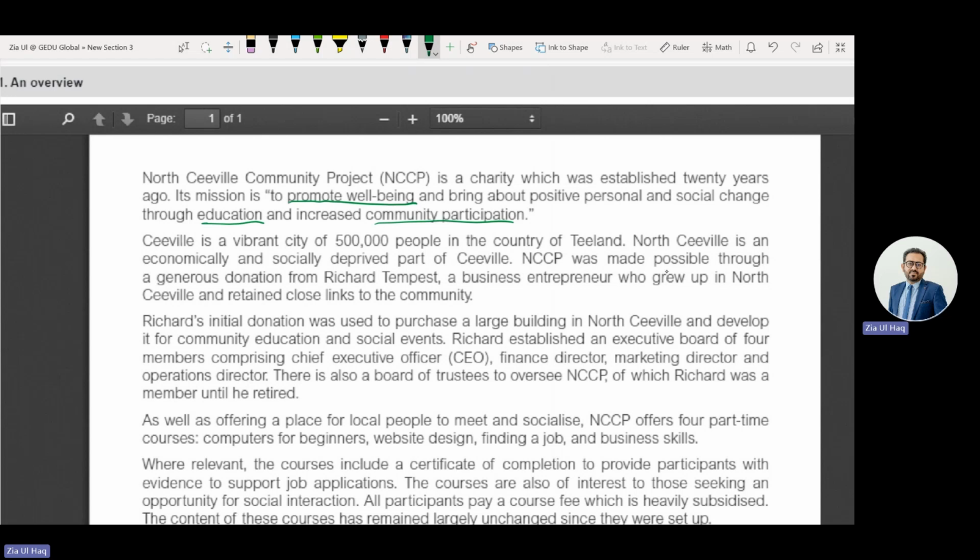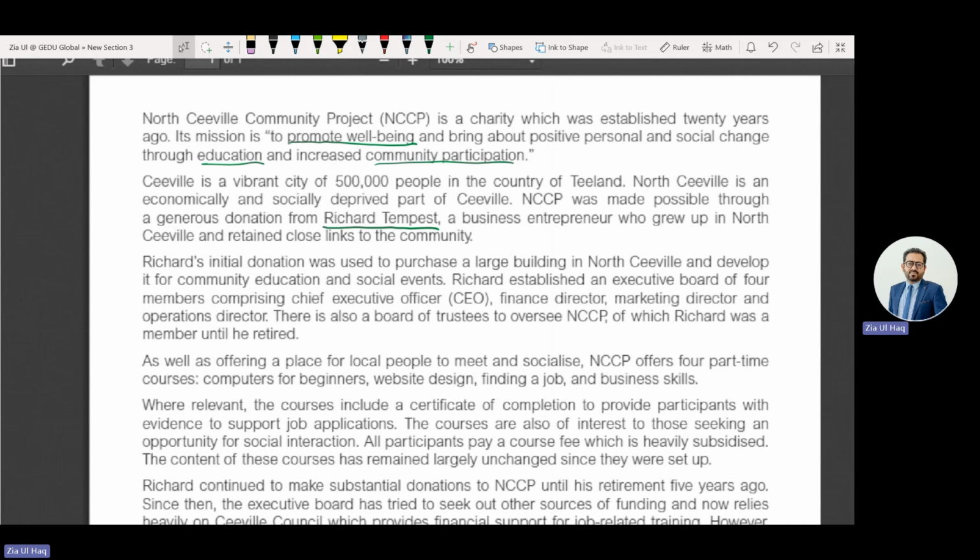NCCP was made possible through a generous donation from Richard Tempest, a business entrepreneur who grew up in North Seville and retained close links to the community. So who founded this company? Richard Tempest. Richard's initial donation was used to purchase a large building in North Seville and develop it for community education and social events.